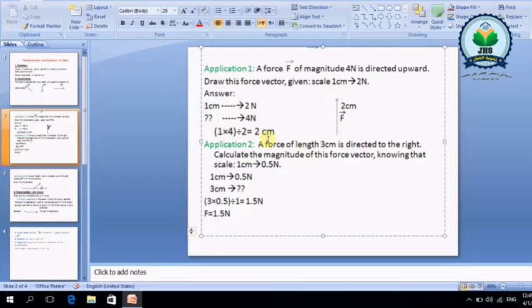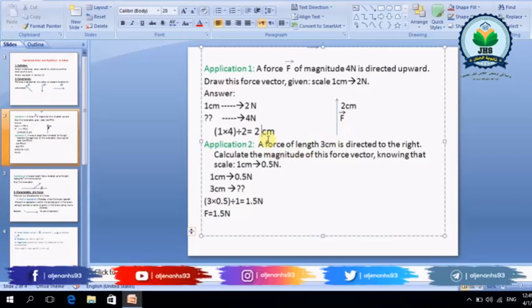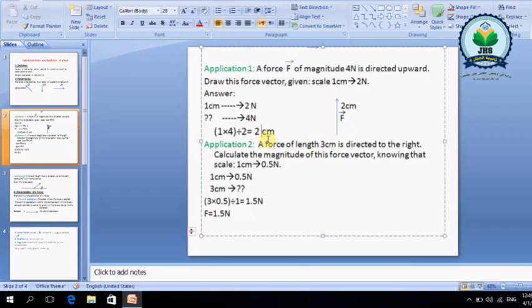Application 2. A force of length 3 centimeter is directed to the right. Calculate the magnitude of this force vector, knowing that the scale, each 1 centimeter gives 0.5 Newton. Here, no need to draw it. He asked me to calculate its magnitude, just its magnitude, yani how many Newton it is.